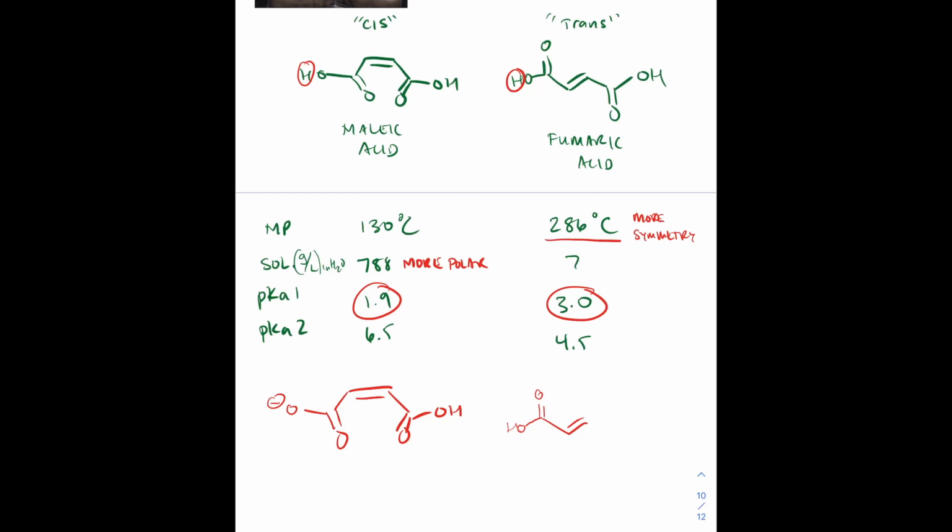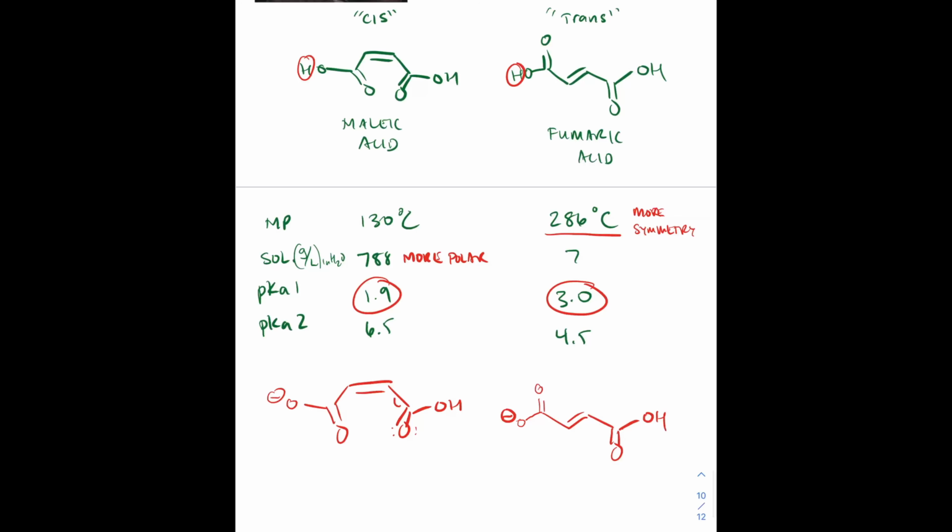So why is the conjugate base of maleic acid more stable than fumaric acid? Think about it for a second. It's a pretty difficult one, but also super fun if you figure it out. It's very exciting, right? Well, let's take a look.